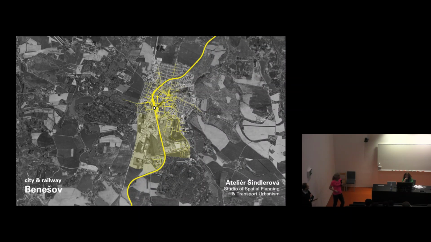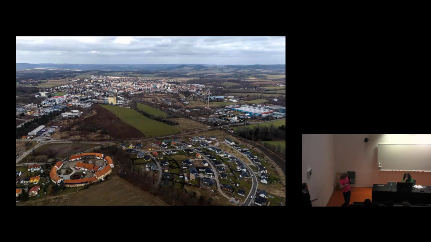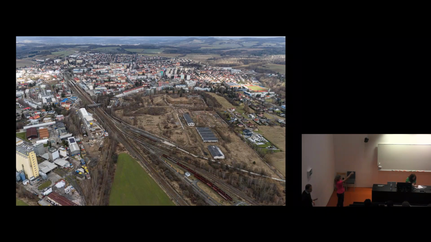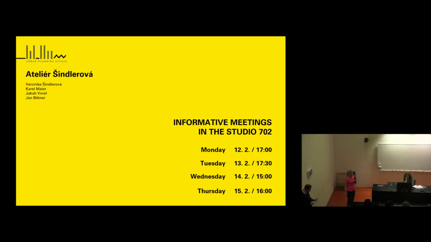And it is also located on the railway, and around the railway station is a big, huge development area of former military barracks, and we will focus on the whole city, and with special focus on this former military area alongside or around the railway station in Benešov. So it will be two very similar topics in two different places in Middle Bohemian region.